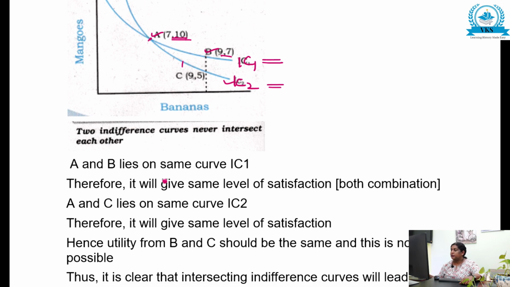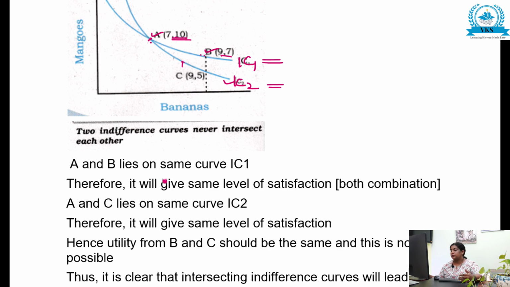Because point A is the intersection, it is the same in IC1 and IC2. But when point A is the same, then naturally B and C should give the same level of satisfaction. But here B and C cannot be the same, this is not possible.